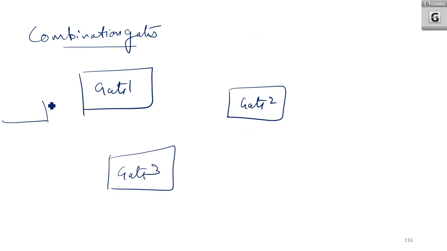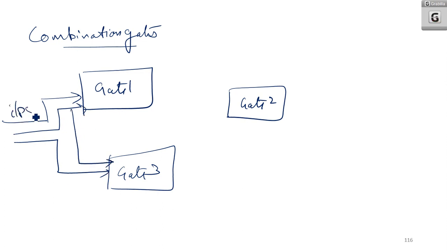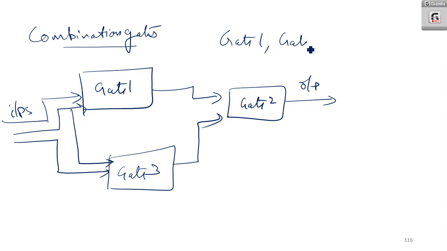Say one input going into gate 1, another input going into gate 3, another input going into both. These are inputs, and here you will get the output, with inputs to gate 2 as well. So here I am interconnecting gate 1, gate 2 and gate 3 in a logical pattern.